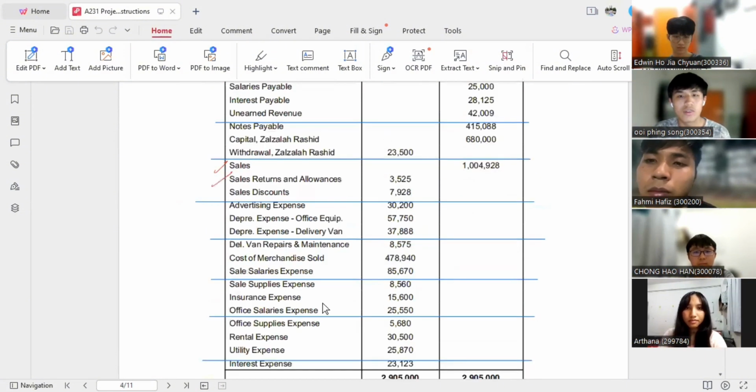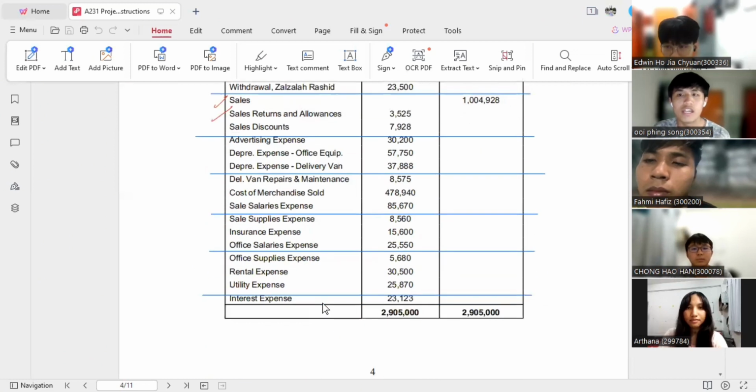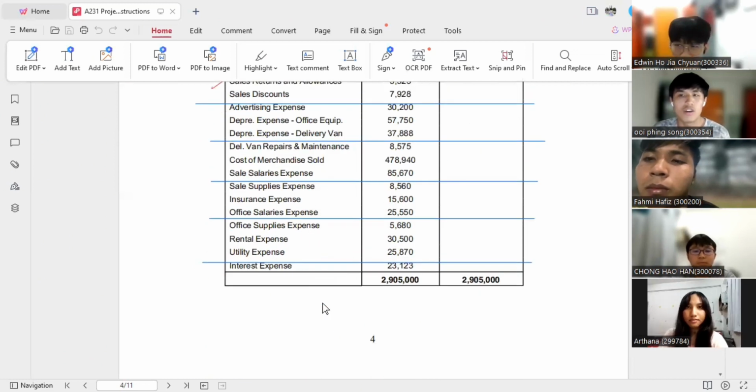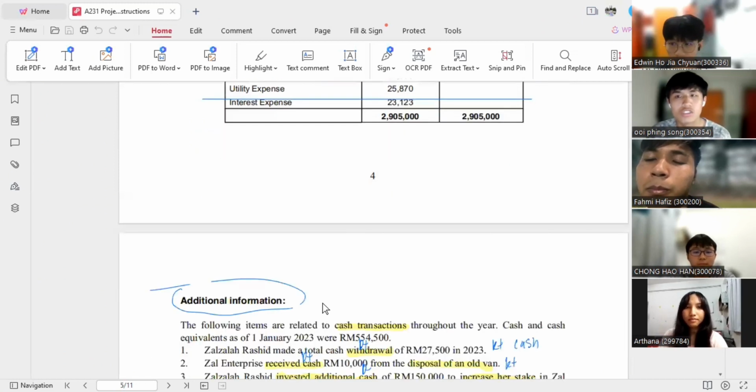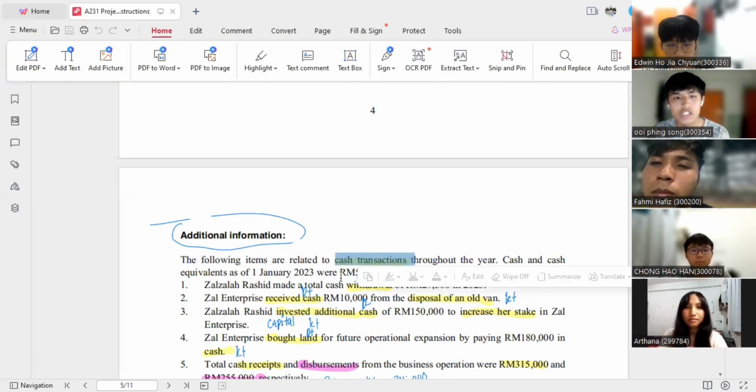We will use this trial balance to prepare the financial statements, that is the statement of profit and loss, statement of changes in equity, and statement of financial position, and there is some additional information related to cash transactions throughout the year.